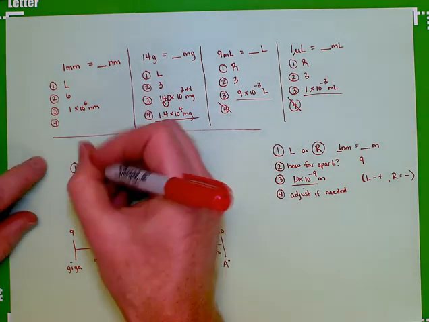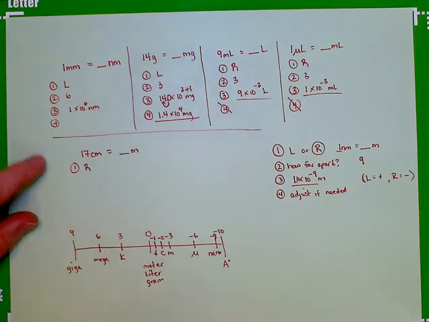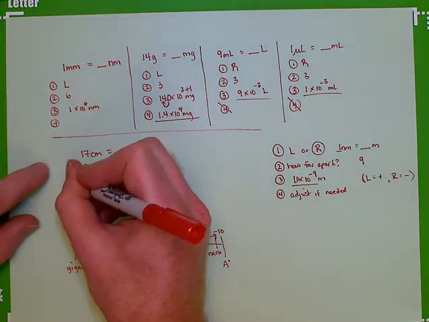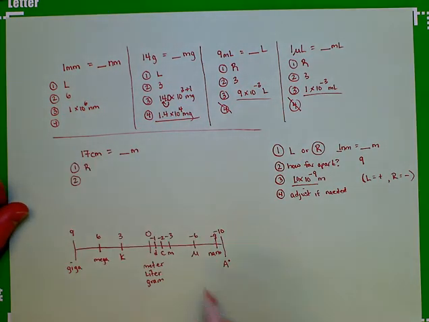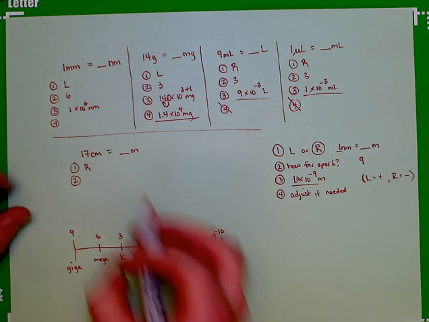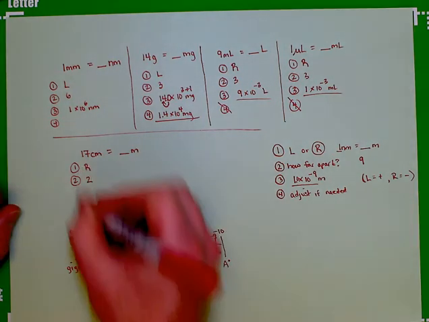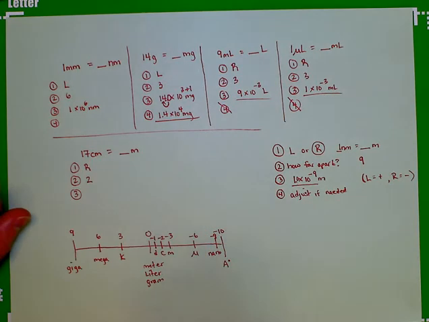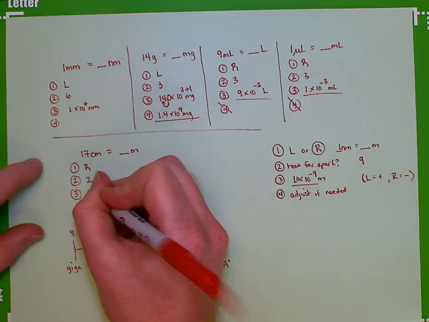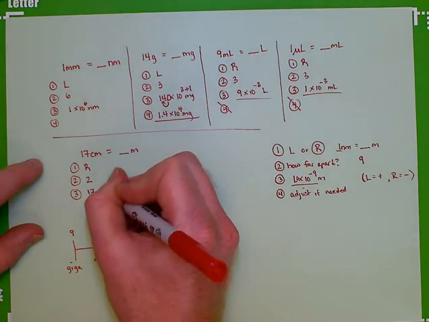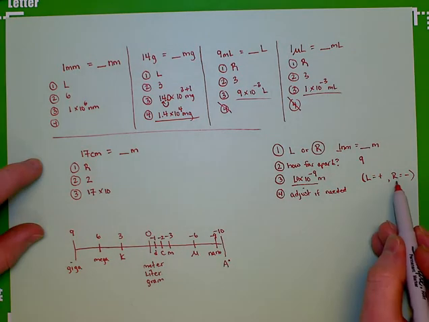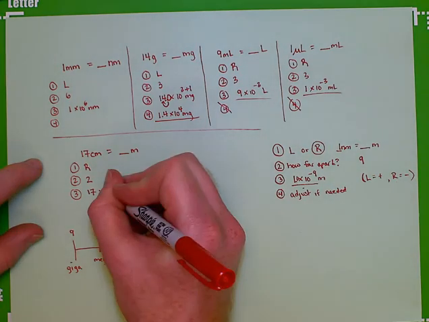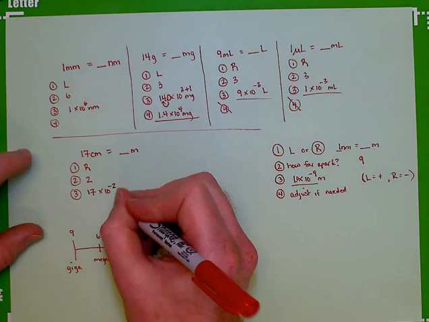Meaning that our right hand side is bigger. Number 2, how far apart are they? Centimeters to meters, a distance of 2. Number 3, do your conversion. 17 times 10, right hand side means negative number, to the -2 meters.